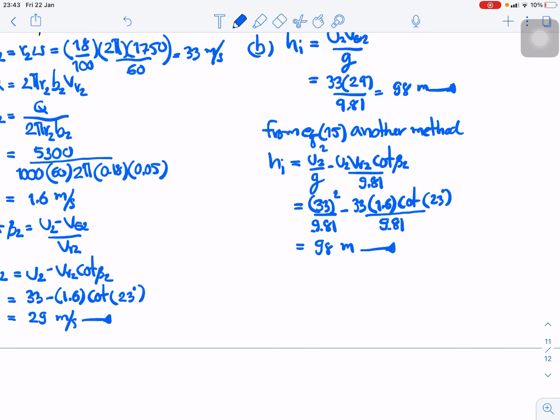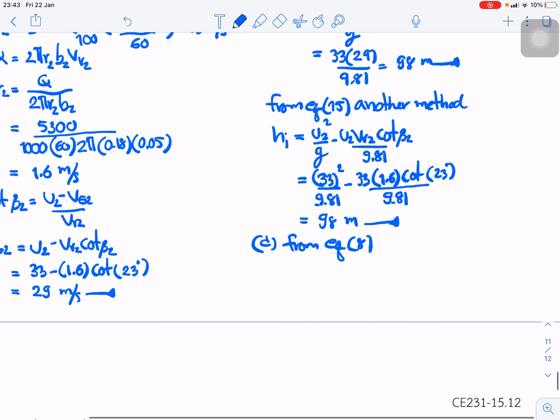And part C, from equation 8, W is equal to rho Q u2 v theta 2.